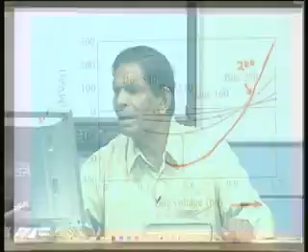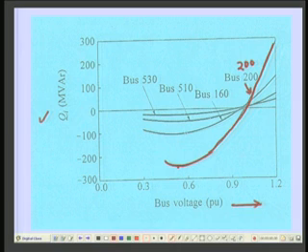Similarly, these QV curves have been generated for other buses like bus 530, bus 510, 160. All these curves have a similar pattern. Now, let us examine the QV curve for bus number 200.